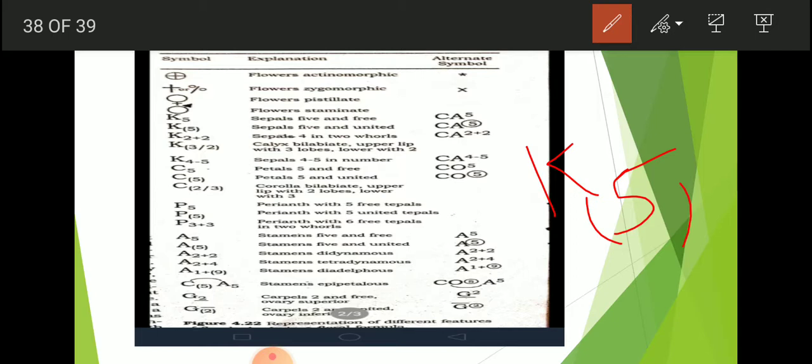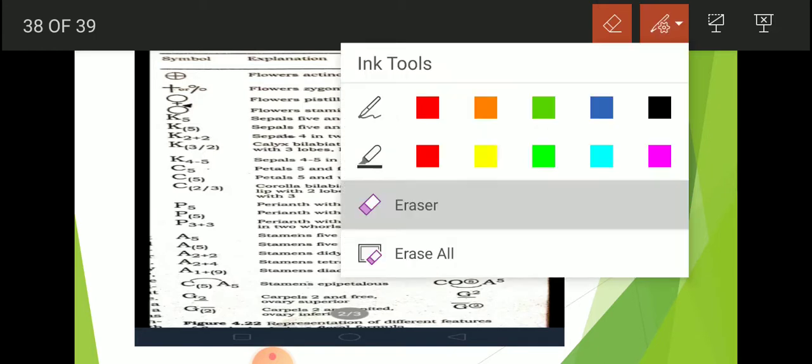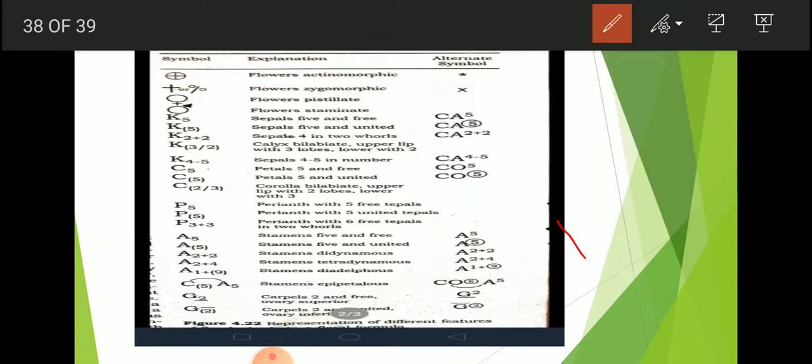Then next is 3 by 2, that is the calyx is bilabiate. Bilabiate means an upper lip with 3 lobes and a lower lip with 2 lobes. Then we indicate it by 3 by 2.